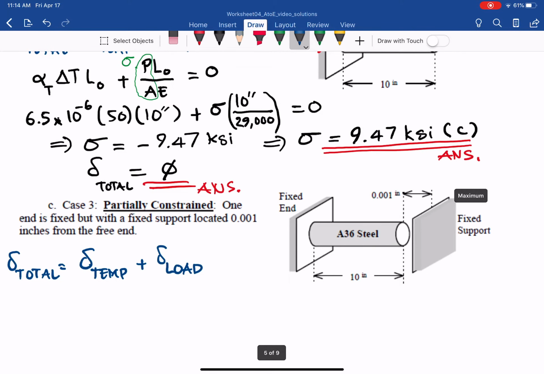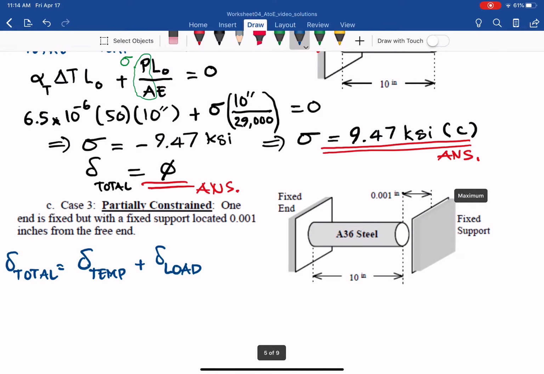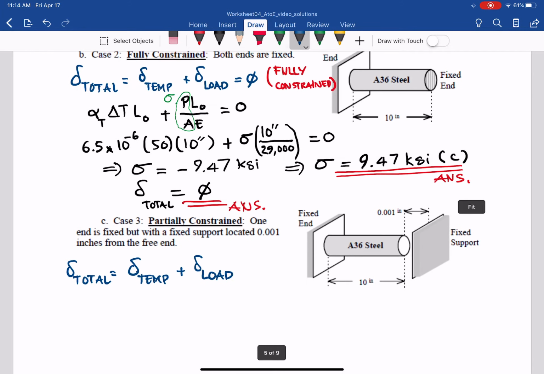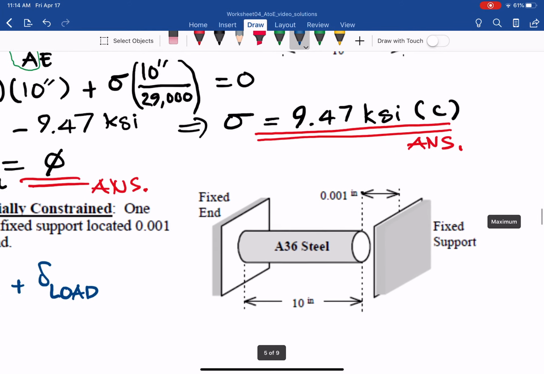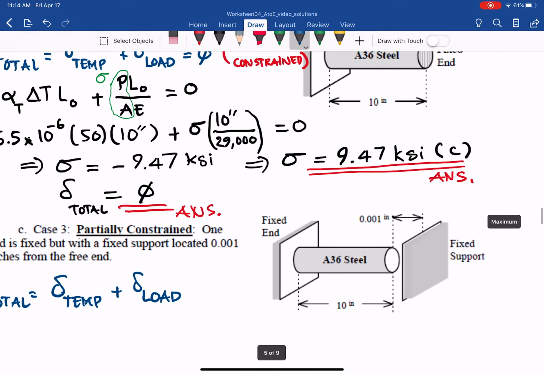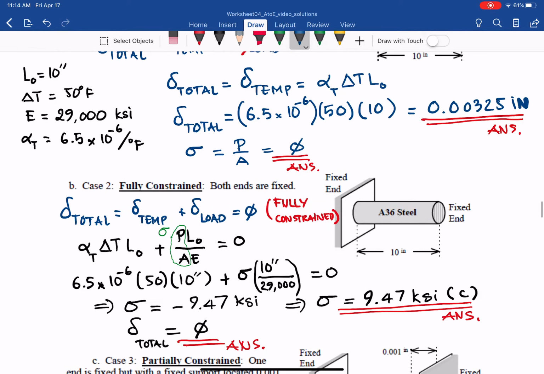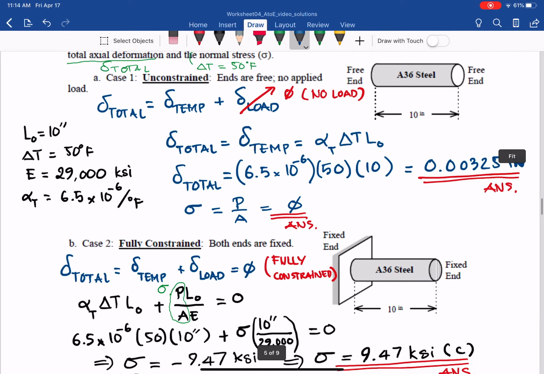And in that behavior, as you can see, the temperature increases. And then if the temperature does not increase up to 0.001 inch, then it's still free, right? But as you can see, assume no fixed support on the right side. The temperature will be increased the same as in case number 1.